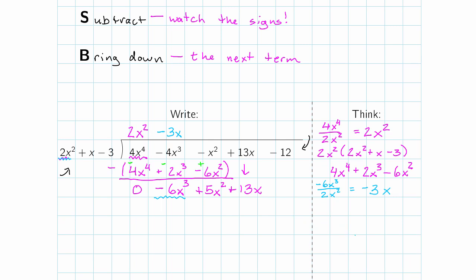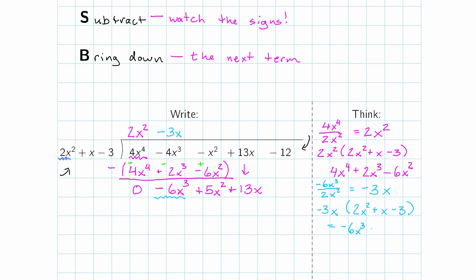That was the divide step. Now we want to multiply. Negative 3x times my divisor will give me negative 3x times 2x squared is negative 6x to the third.